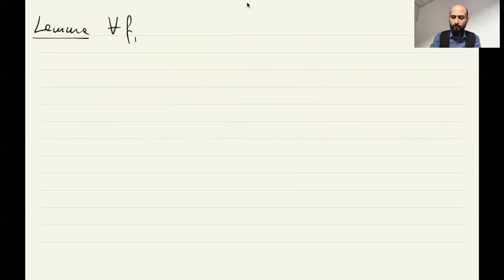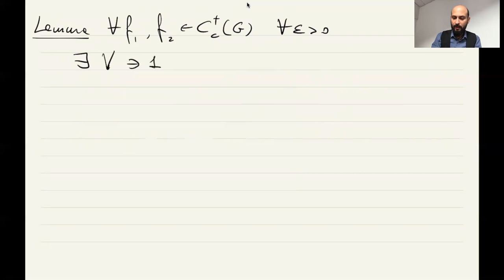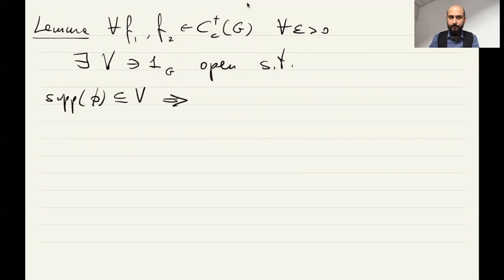Okay, so for any two functions f1 and f2, positive, continuous, compactly supported, and for any epsilon, there exists V, an open neighborhood of the identity element, such that if the support of phi is contained in this neighborhood, then we have linearity up to an error of epsilon.